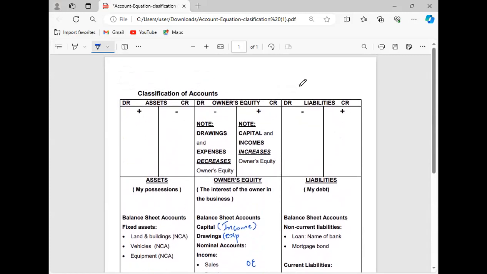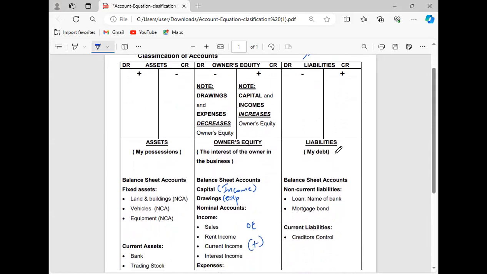And then guys, we have our liabilities. Liabilities are normally referred to as the debts of the business, whereby liabilities will increase under the credit side and decrease under the debit side. Whenever we accumulate debts, our liabilities will be affected under the credit side, and whenever we pay off our debts, they will be affected under the debit side.